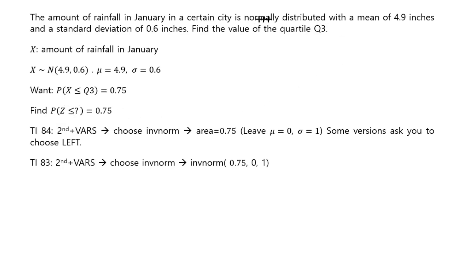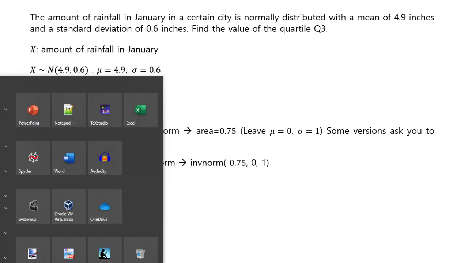Although this says normally distributed, so it's nice, you just have to know how to use it. But wait, that's not all, because if you actually write down what it means, you're asking for the value which gives you the given probability. So that's the challenge here. In that case, because it's asking the opposite of the probability, it's called the inverse norm. And we will need to, let's see.